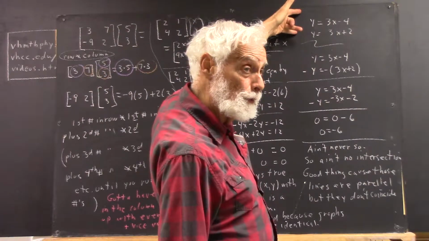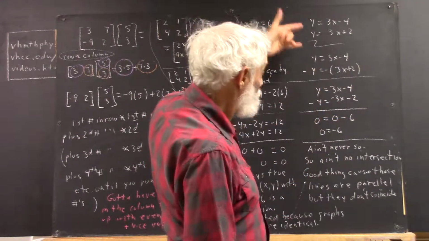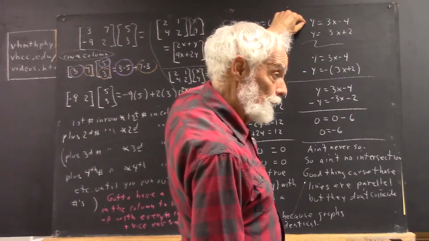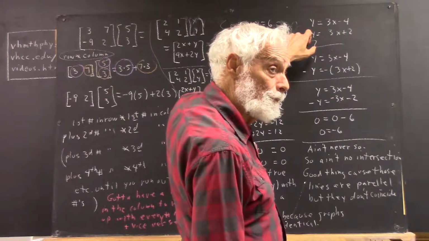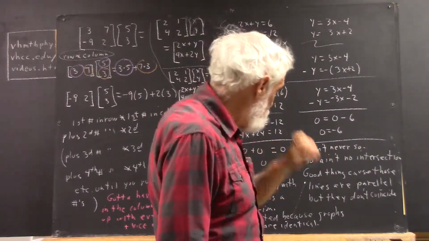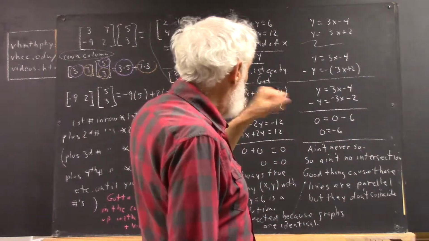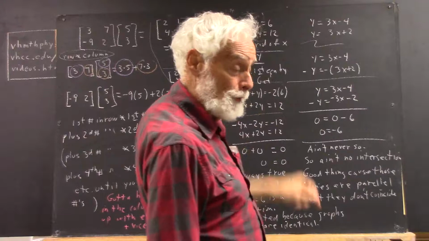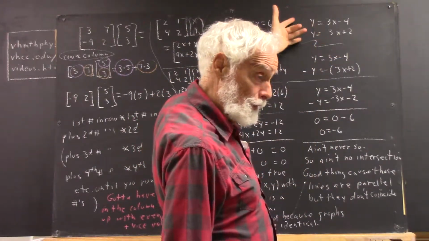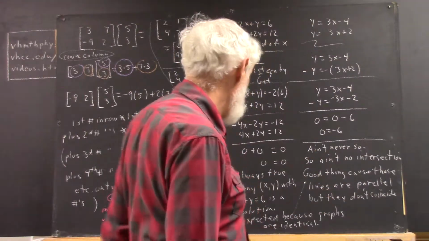If we graph these equations, we get parallel lines that never meet. There's no intersection, so there's no point (x, y) that's on this graph that's also on this graph. If there was, we'd get a solution. But we get a statement that's never so. That means there is no solution. There is no common set of x and y values that satisfy both equations. And that's all that's really being said here.